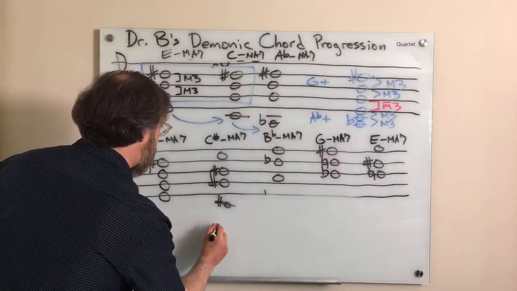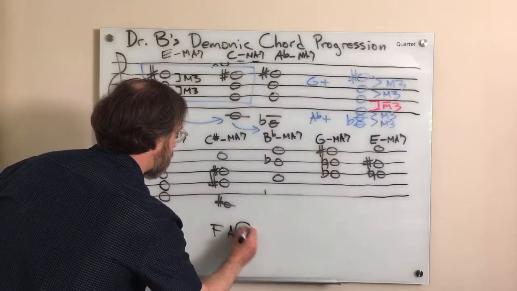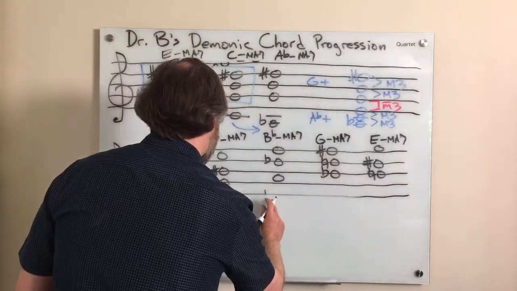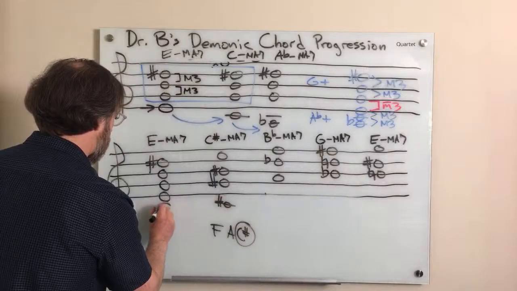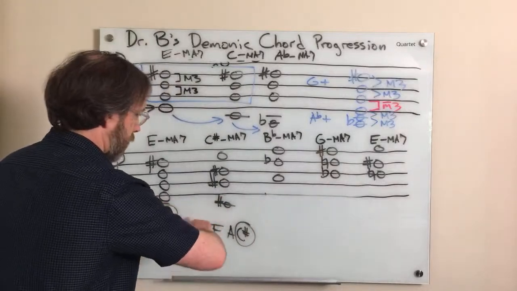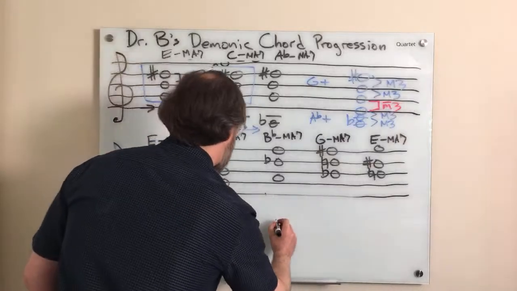So as we said, here the choices were either F, A, or C sharp. We chose the C sharp. Here, the options, again, and I'm saying E was our first choice here. And if we just moved it up, it could go E, F, and then F sharp, right?